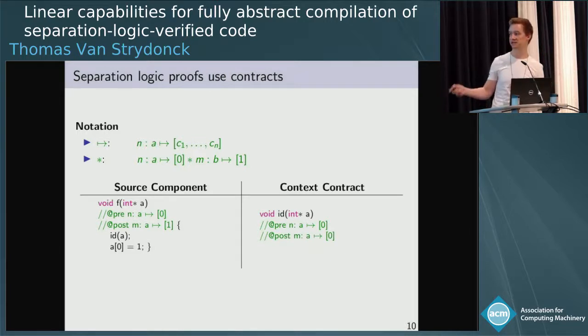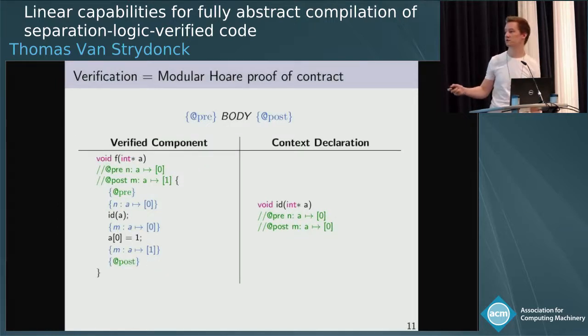And as expected, the identity function just accepts the resource n in its precondition and returns the same resource m, so it doesn't do anything to this resource. By the way, the reason we name these resources is because we need those names in the compilation later on.